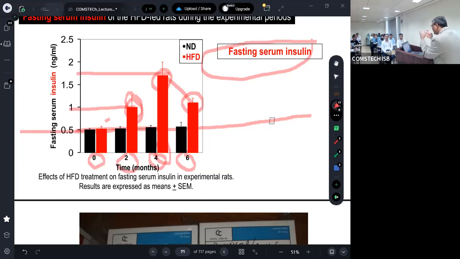If it cannot bind, it cannot take the glucose. If it cannot take the glucose, there is no glucose uptake inside the cell. So the cell needs energy. The cell is crying, please give me glucose. This signal goes to the beta cell, and the beta cell produces more insulin.